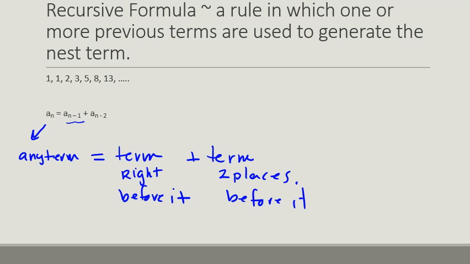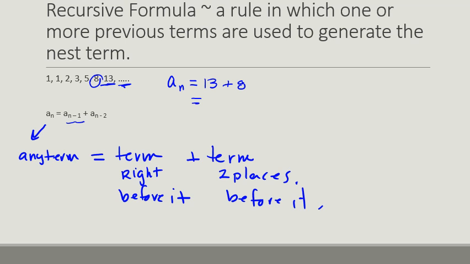So the Fibonacci sequence, if I start with, let's say I go to 13, and I want to find the next term, so a sub n, the next term, is equal to the one right before the term we're looking for. So we're looking for the term after 13, so this would be 13, and then the 2 before it, the 8.